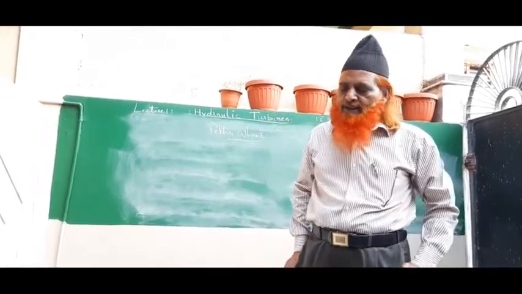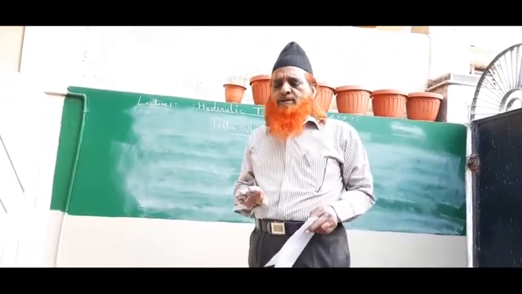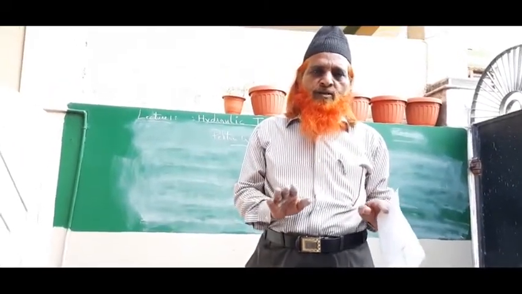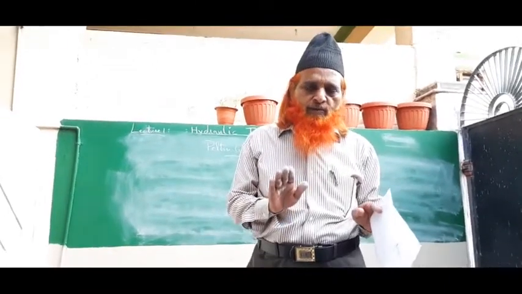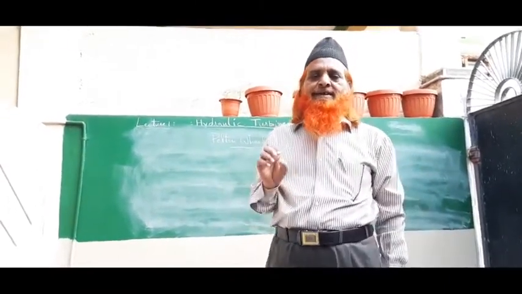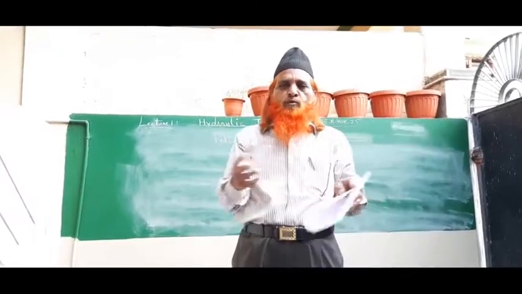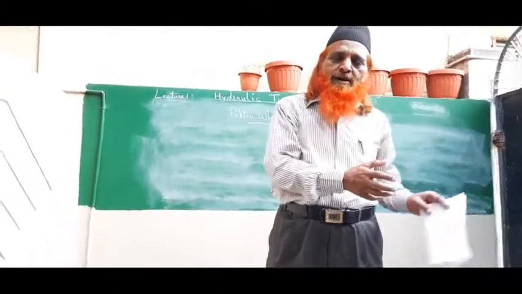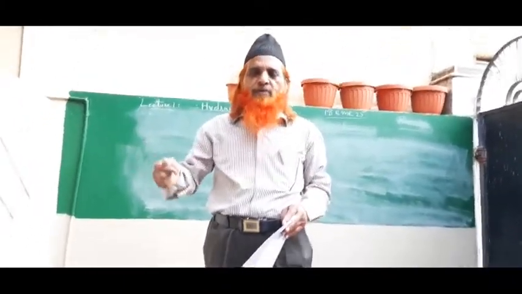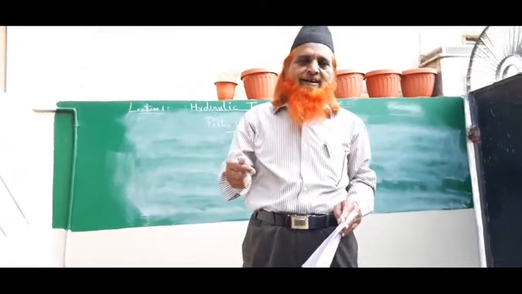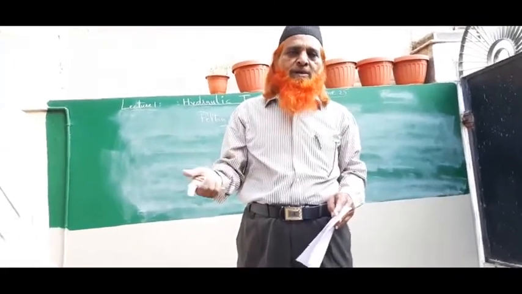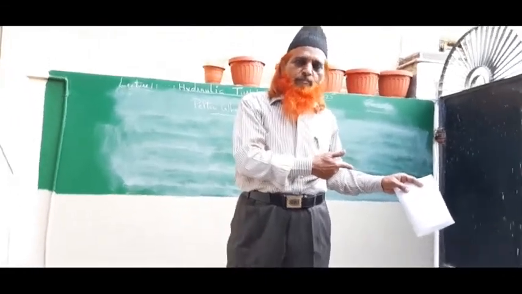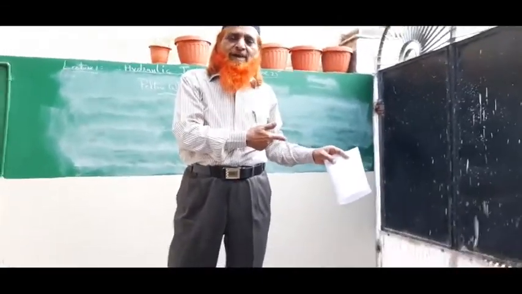Then, because the comparison of impulse turbine and reaction turbine is very important, we looked at the major differences. In an impulse turbine, it is open to the atmosphere, with no sealed casing. In a reaction turbine, a sealed casing is required. In an impulse turbine, only the velocity of the jet plays an important role to produce mechanical work, whereas in a reaction turbine, change in pressure plays the important role.